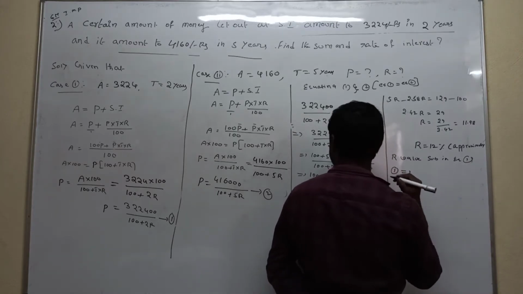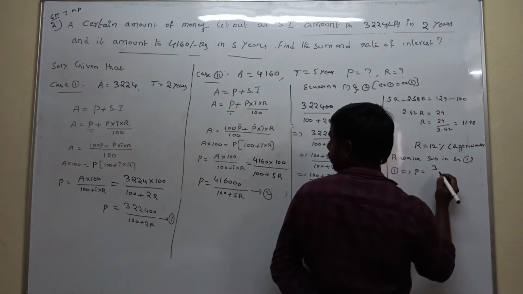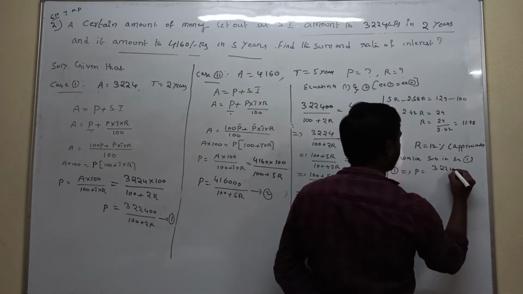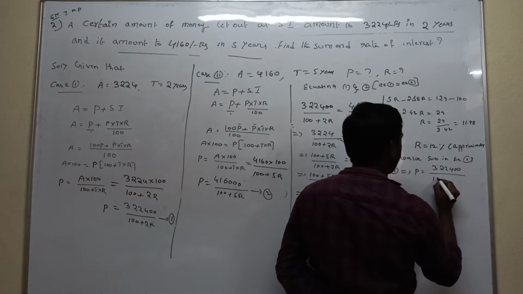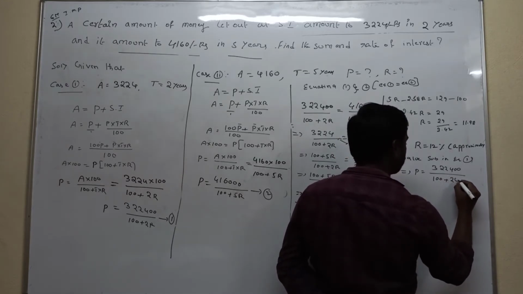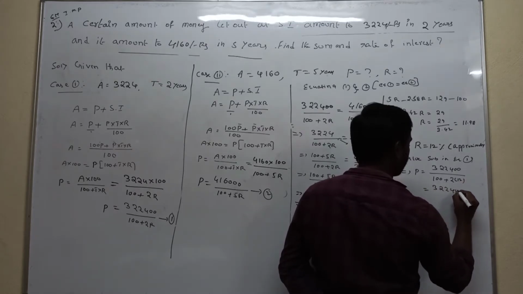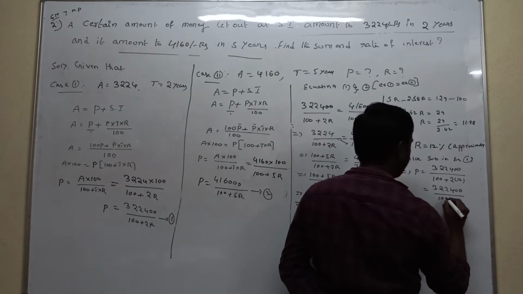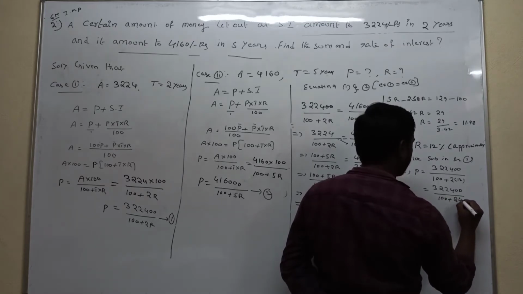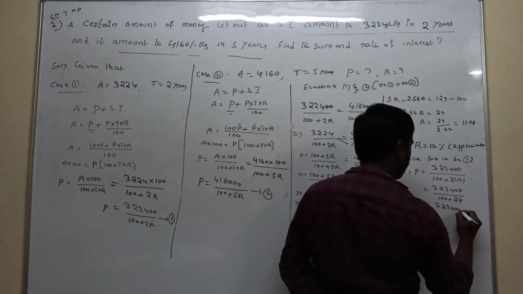Equation number 1 is P is equal to 3,22,400 divided by 100 plus 2R. 2 into the R value 12 gives 3,22,400 divided by 100 plus 2 into 12, which is 24, so 3,22,400 divided by 124.